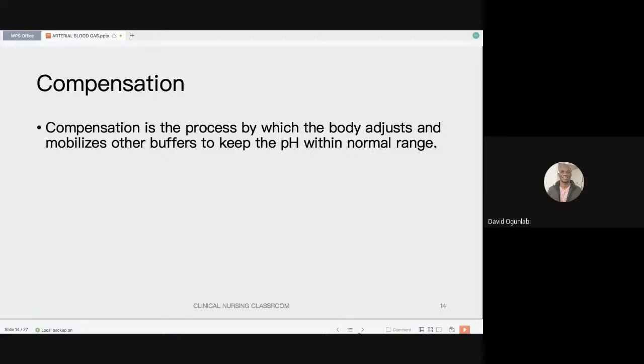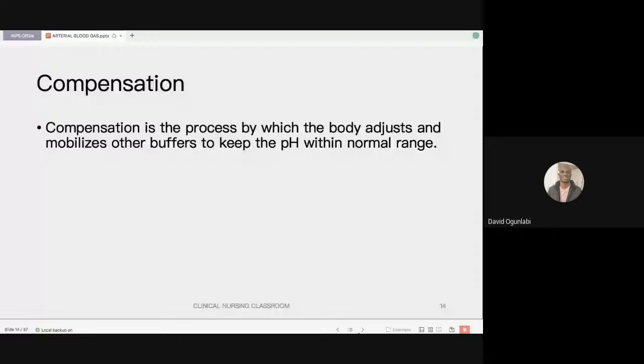I hope we are still together. To keep the pH within normal range. So this is the effort that the body puts in place to stabilize things, to bring about a balance, and it is in regulating the pH.